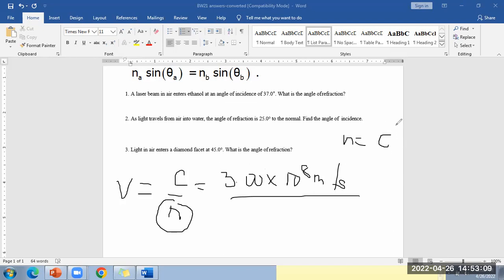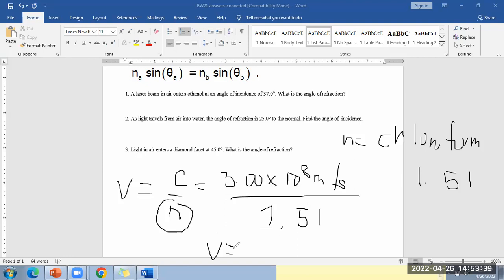N natin is chloroform. Ang chloroform natin may index na 1.51. So para makuha natin yung speed of light, 3.0 times 10 raised to the 8 meters per second, i-divide lang natin sa 1.51. Then what will be the speed of light natin?